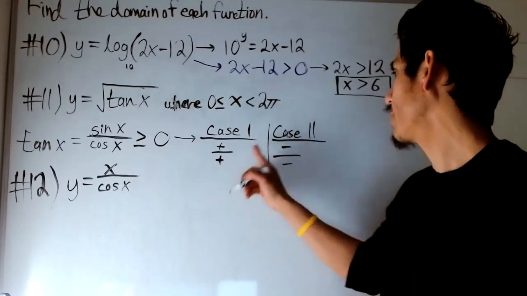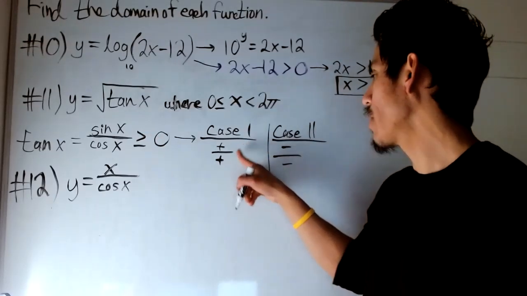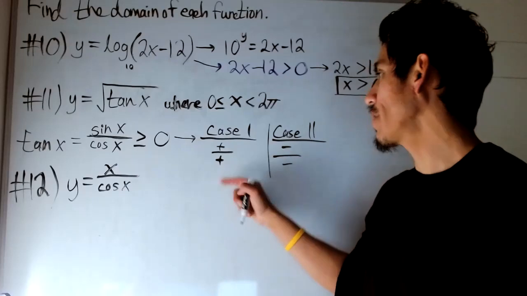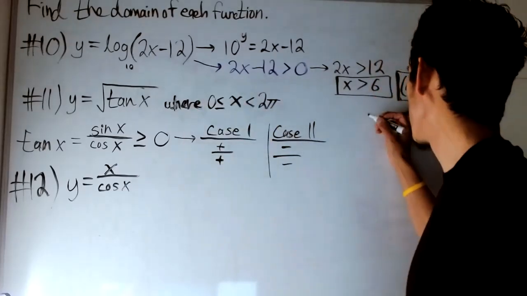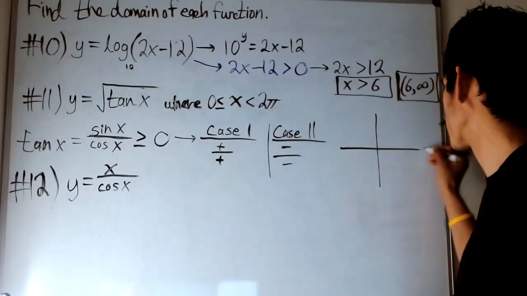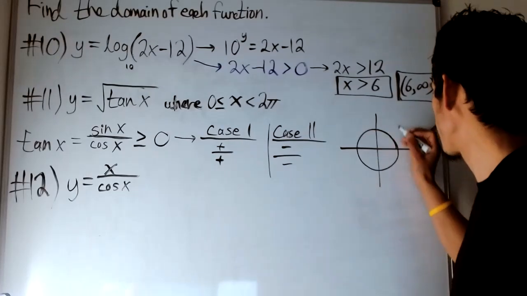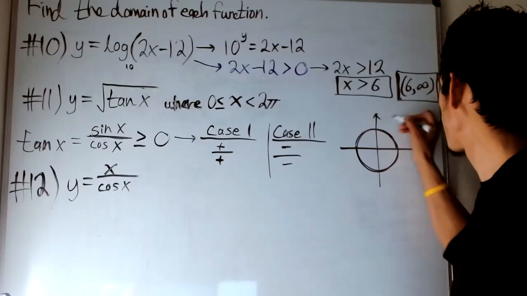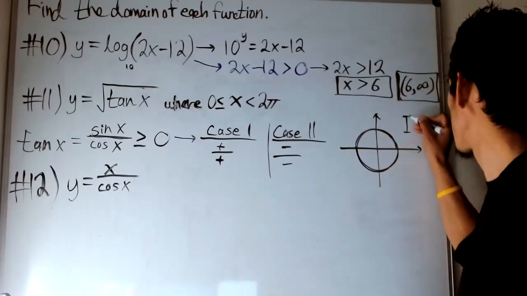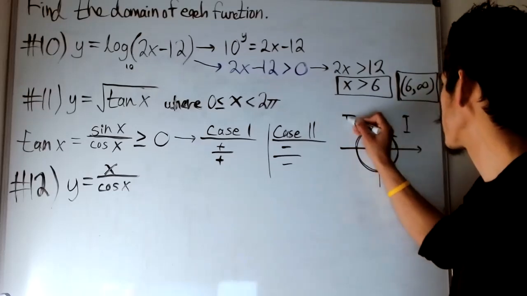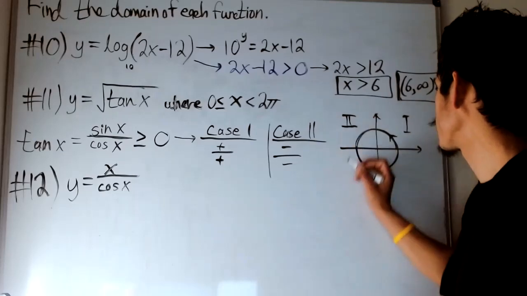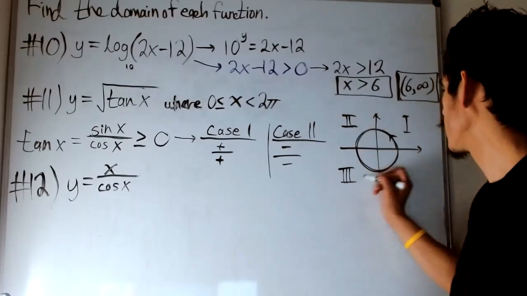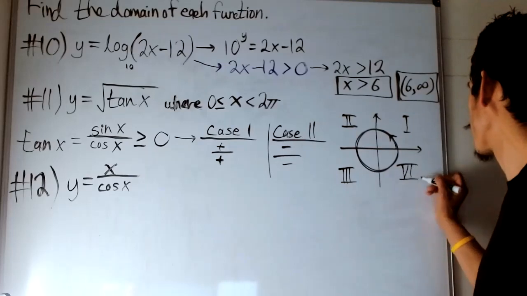So for case 1, they're both positive in quadrant 1. Let's remember our unit circle. Remember, this is quadrant 1, quadrant 2, quadrant 3, and then quadrant 4.